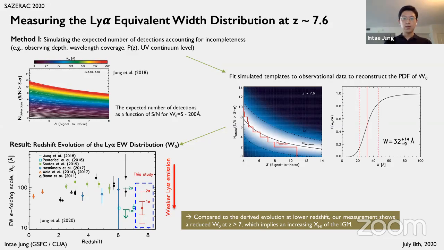So our best-fit value of the e-folding scale at these redshifts is 32 angstrom. Compared to those values at lower redshifts, our measurement at redshift 7.6 shows a reduced e-folding scale, which implies an increasing HI fraction in the IGM.